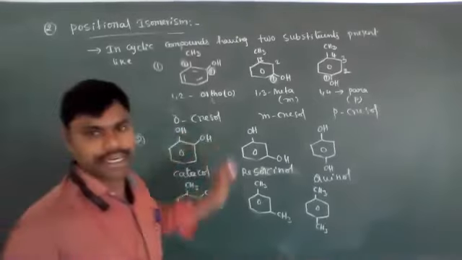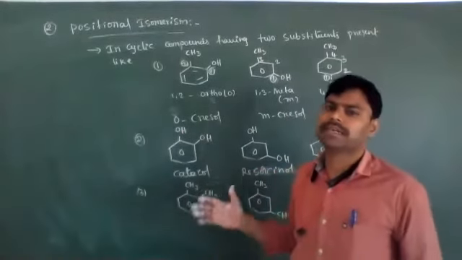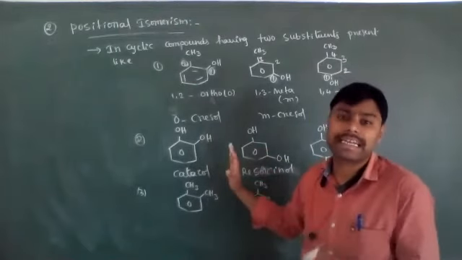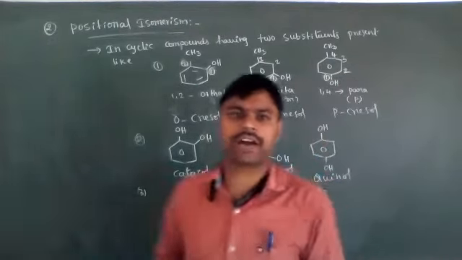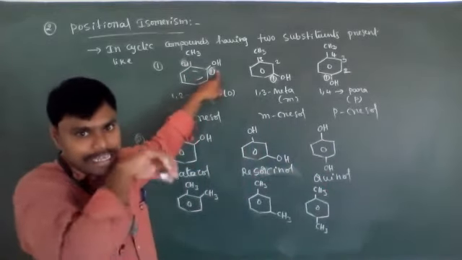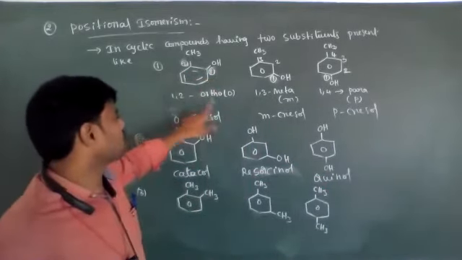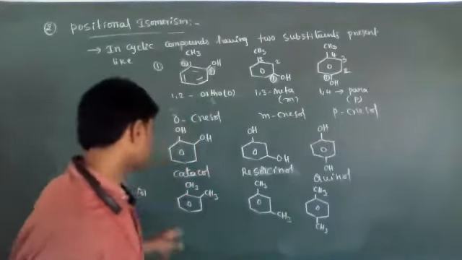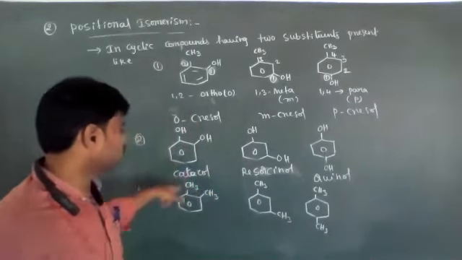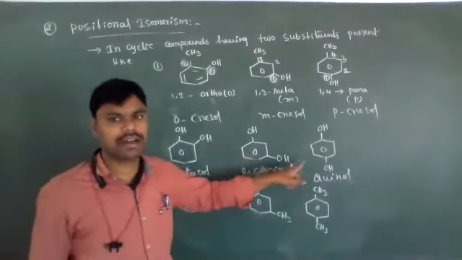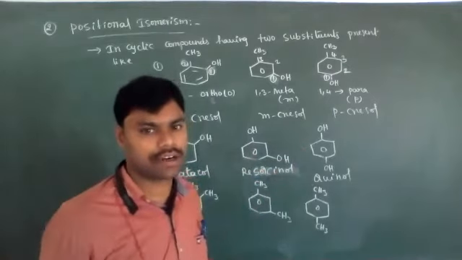These common names we need to remember. Sometimes in second PUC these common names rarely come. However, you have to remember: CH3 and OH groups present on the benzene ring at 1 and 2 are called orthocresol, metacresol, and paracresol. Two OH groups at 1 and 2 positions is called catechol, 1 and 3 is resorcinol, and 1 and 4 is called quinol.